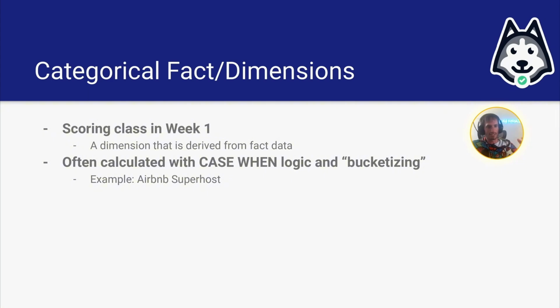Another example for me, when I was working at Airbnb, and this is one of the biggest impacts I had there: we had a column called dim is available, which is, is this Airbnb available on this night?